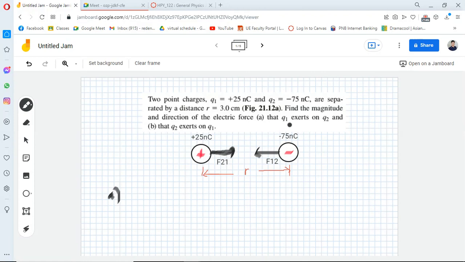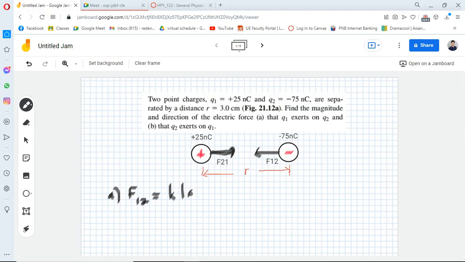Because that is the force that Q1 exerts on Q2. Take note of the word on Q2. Therefore, ang pinapahanap sa atin is F12. Okay? Or the force of 1 on 2. Parang ganun yung sinasabi niya dito. So, paano natin ngayon masosolve si F12? Nagamit tayo ng ating Coulomb's Law.